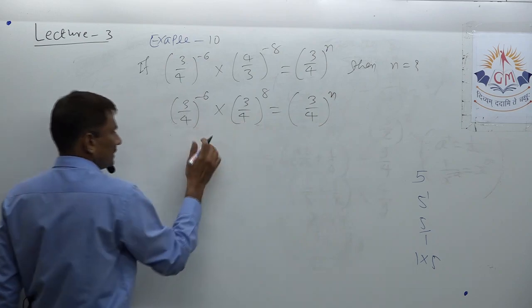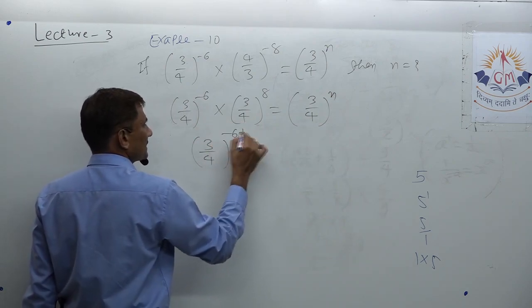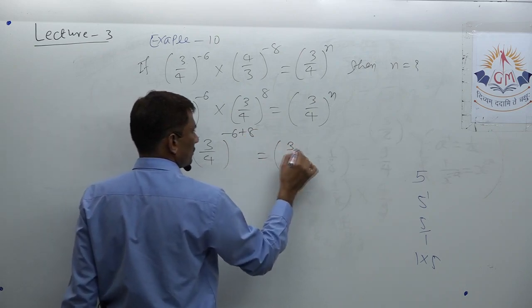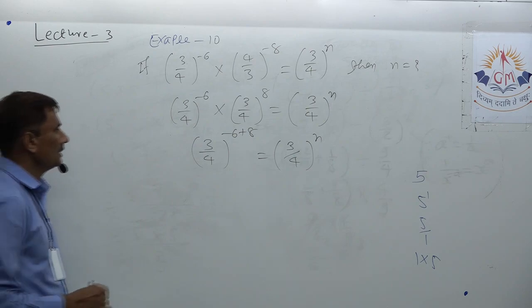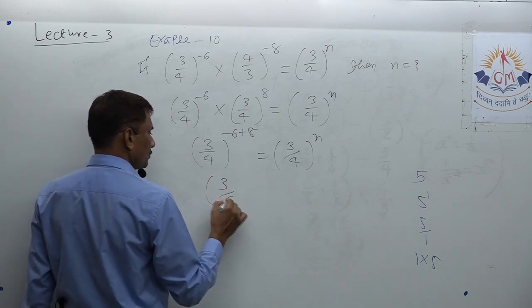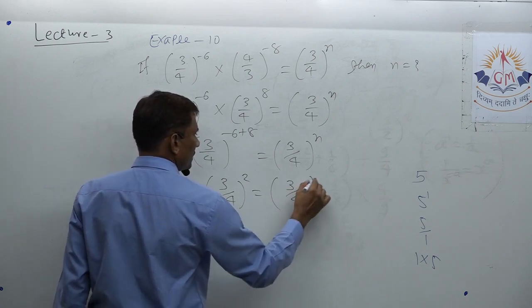Now again you can simplify it, 3 by 4 raised to minus 6 plus 8. Why? Product law. So 3 by 4 raised to 2 is equal to 3 by 4 raised to n.